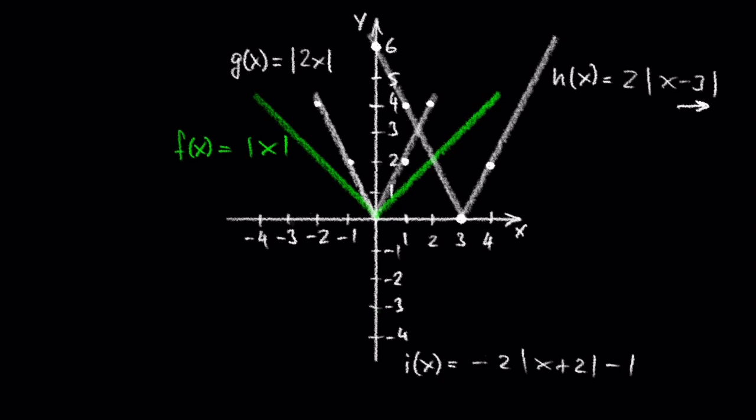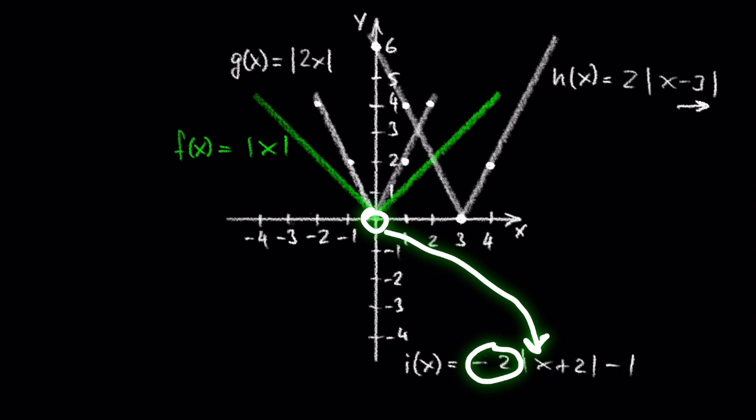Let's start with 0. 0 plus 2 is 2, and the absolute value of 2 is 2. 2 times negative 2 is negative 4, minus 1 is negative 5.